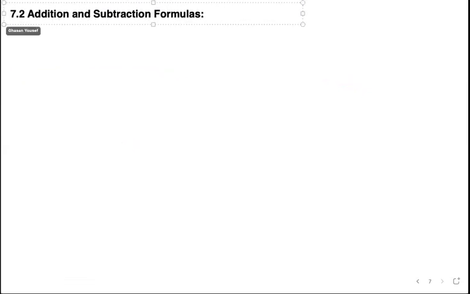Just you have to use the formulas for adding and subtracting any angle. So first of all, you have to know for the sum, sine: if I have s and t, both of them are angles.